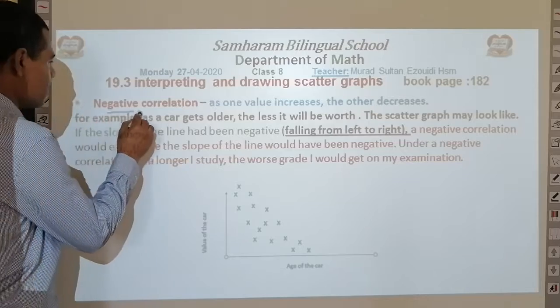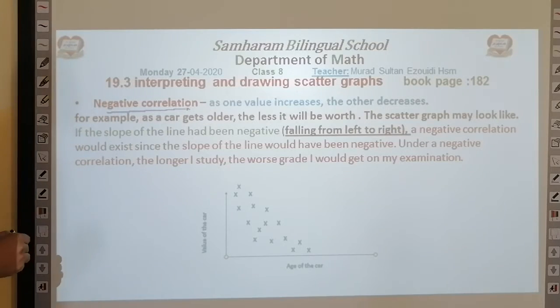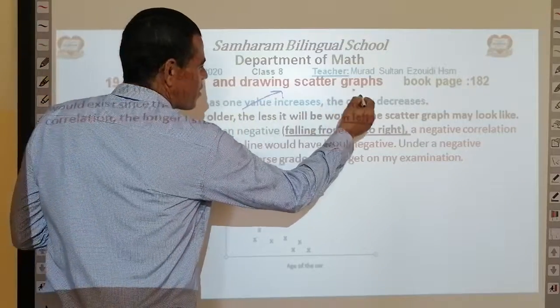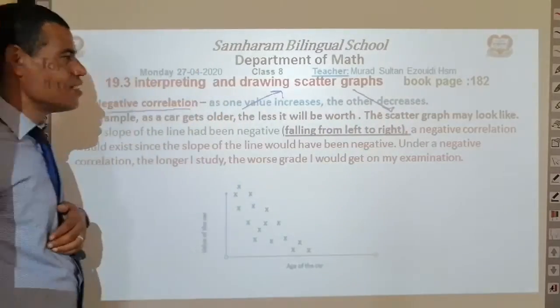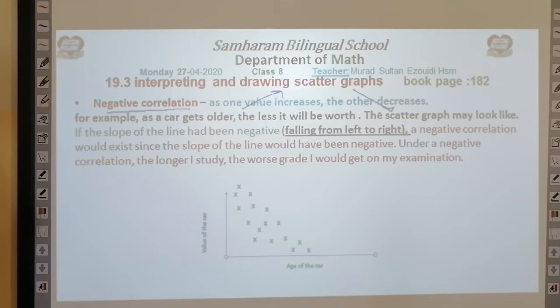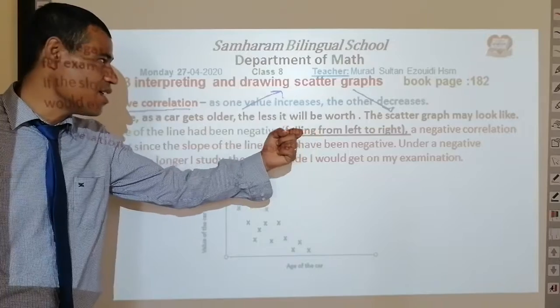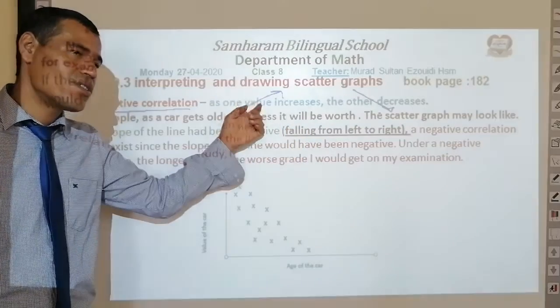Negative correlation: as one value increases, the other decreases. As one value is increasing, the next value is decreasing. And if one value increases and the next one decreases, the slope is negative.